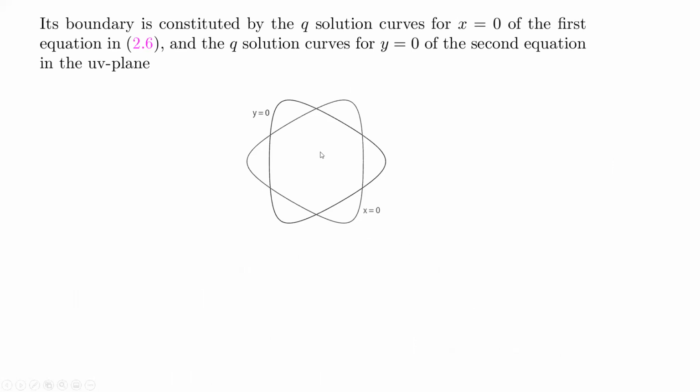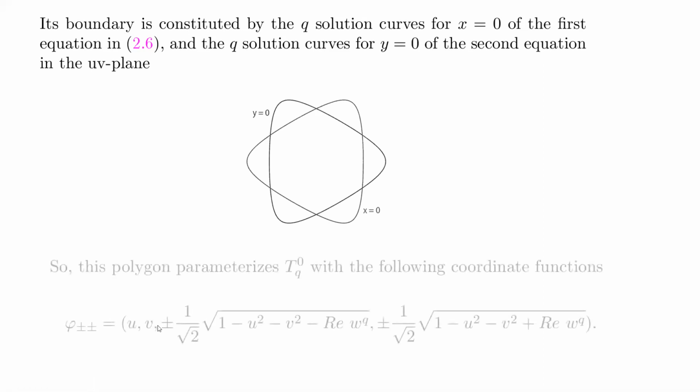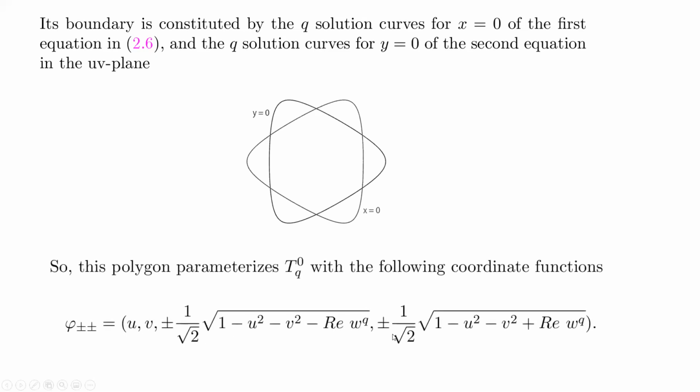Remember that, as I said, the genus is q minus 1, so it's a double torus. In this case, we have six sides: 1, 2, 3, 4, 5, 6. This interior region is the hexagon, which parameterizes the torus with projection. And we have the parameterization. You just write square roots, and we use this parameterization.